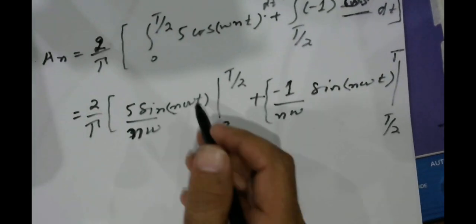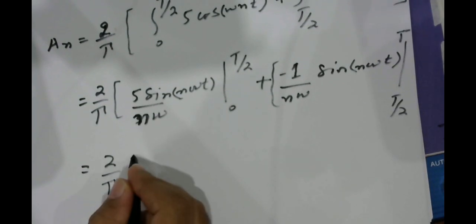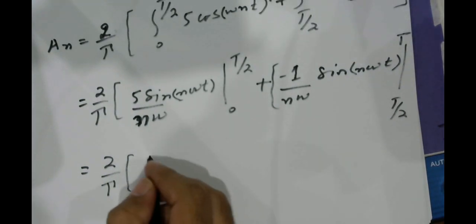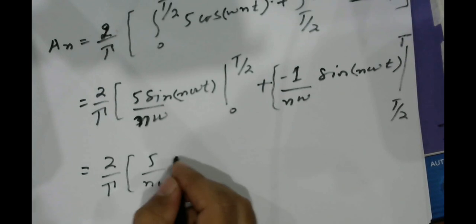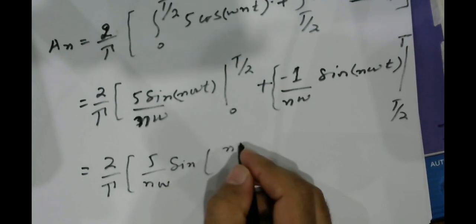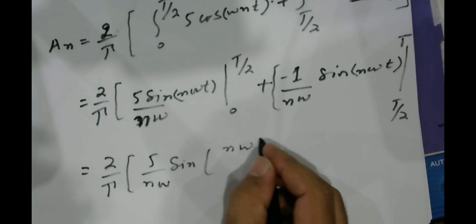Now you just apply these limits, and you will get this thing, 2 by T. Instead of t you put T by 2. Okay. So you will get 5 by n omega sine of n omega capital T over 2. Okay. And minus 0, so I'll skip that part. Okay.